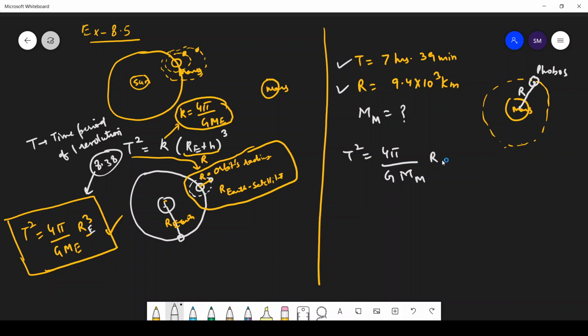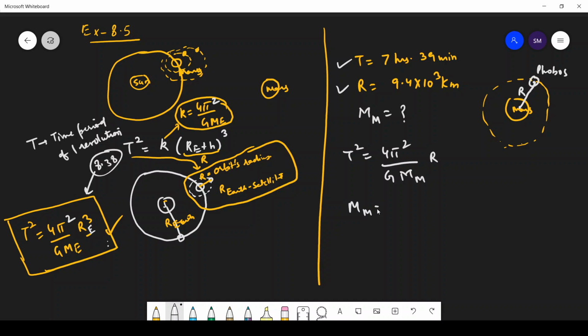So orbital radius of the Mars, this r. Now this is 4 pi square, students, not this value of k, you had asked me to correct it. This is 4 pi square upon GM. So this formula I have written for Earth, this is now for Mars. Now I have to find MM.